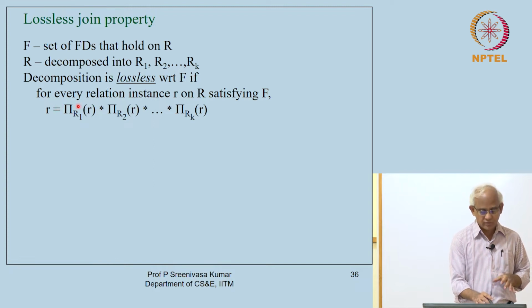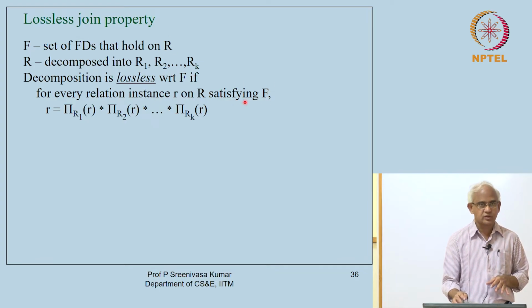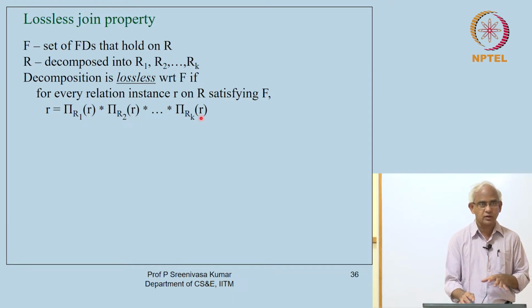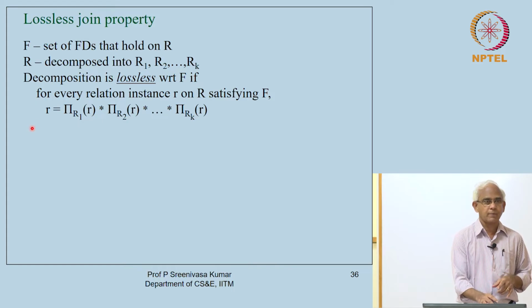in every instance R on this capital R, the scheme that satisfies these functional dependencies, what happens here is that if you take R and project it onto R1, project it onto R2, and so on, you get little r1, little r2, little r3, little rk, etc. You do a natural join among them, you should get back R. Why natural join?